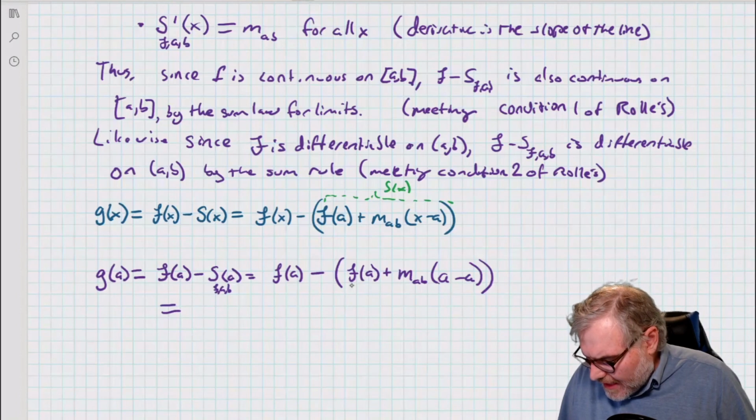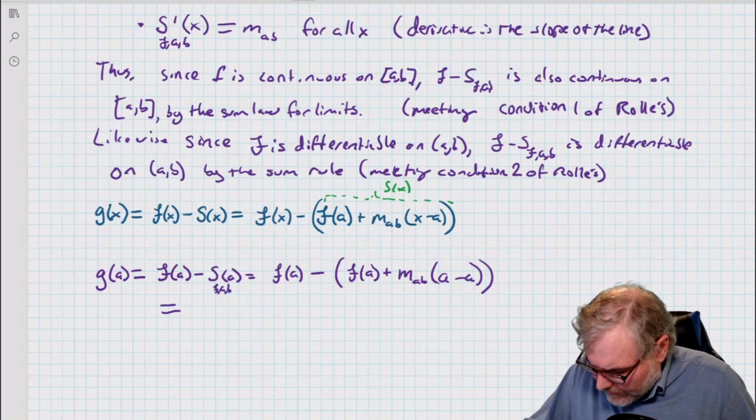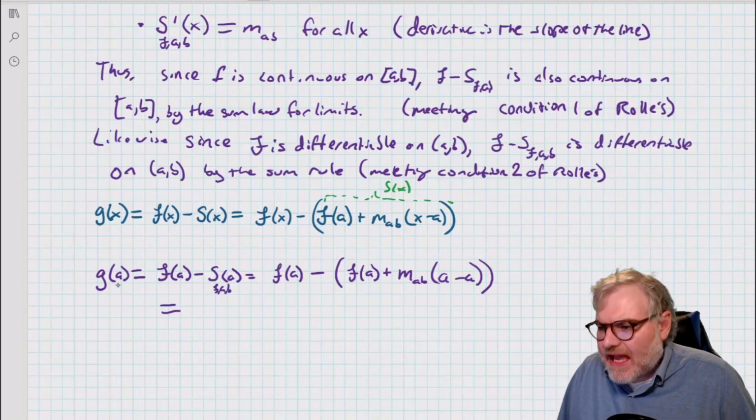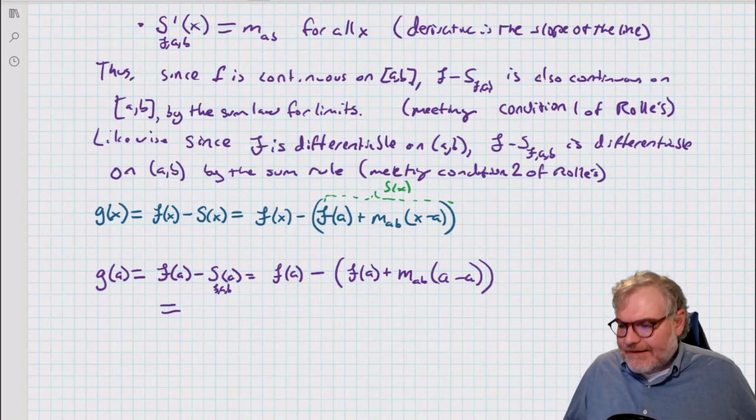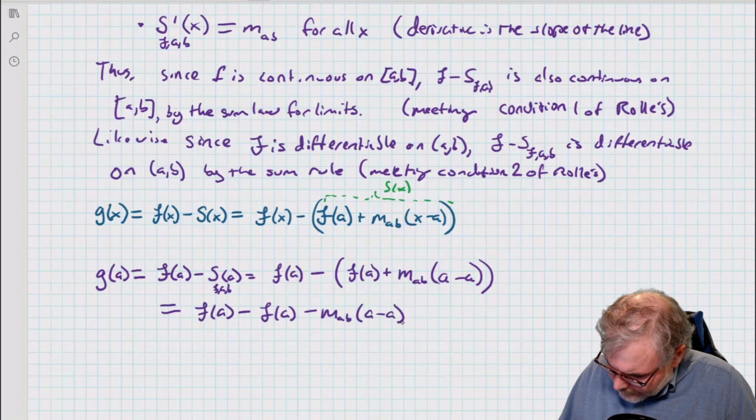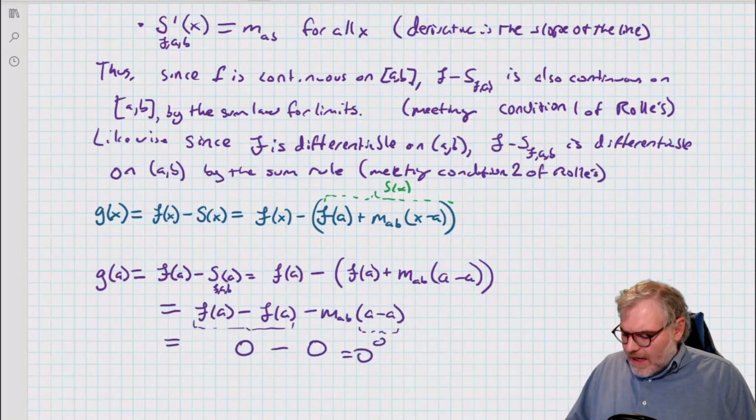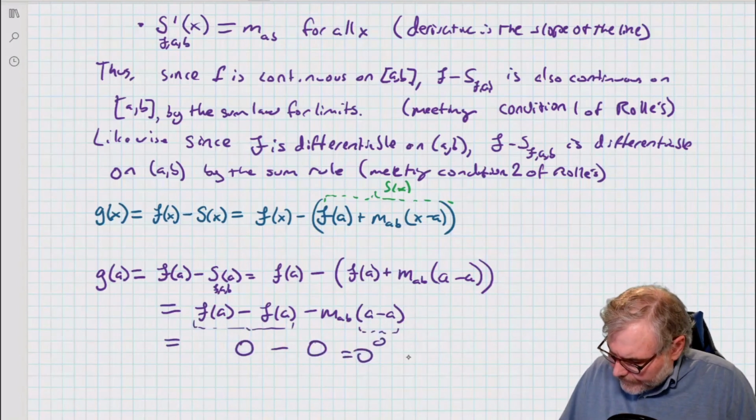And then F of A minus F of A is going to equal 0. So this is me evaluating G of X at A. So G of A equals 0.